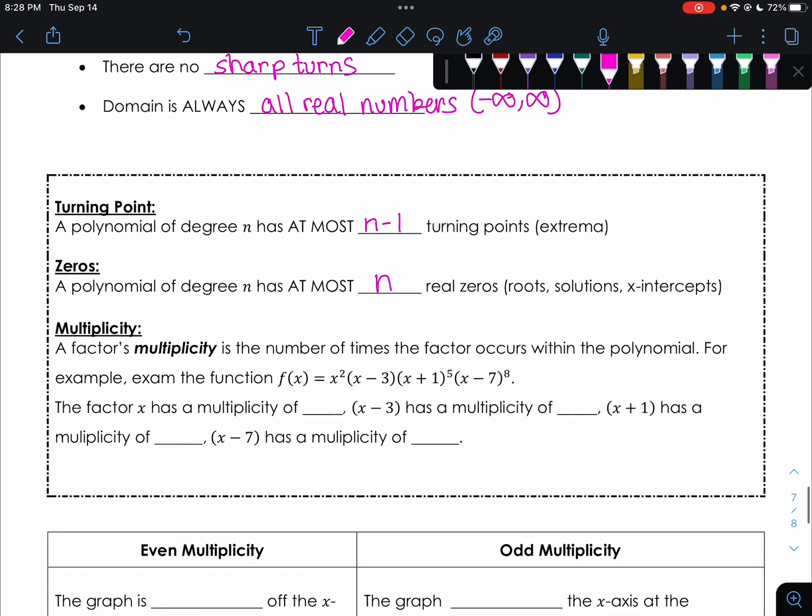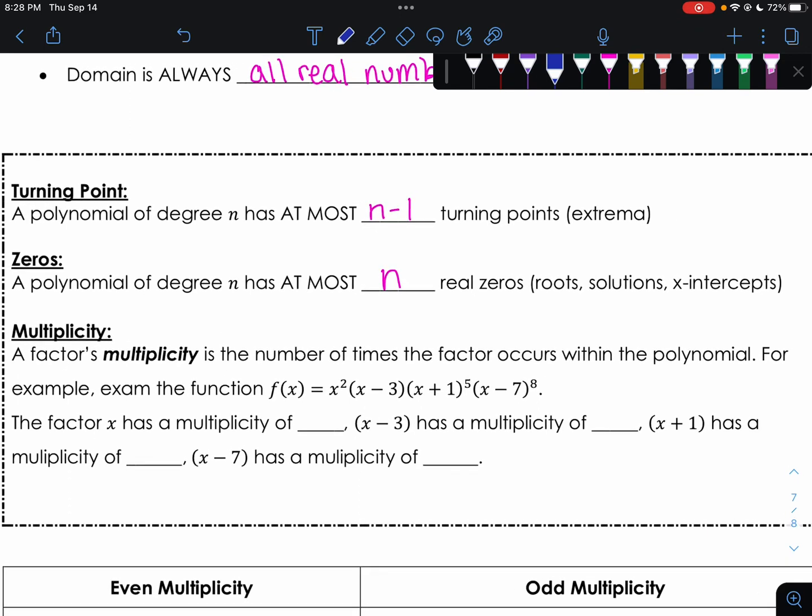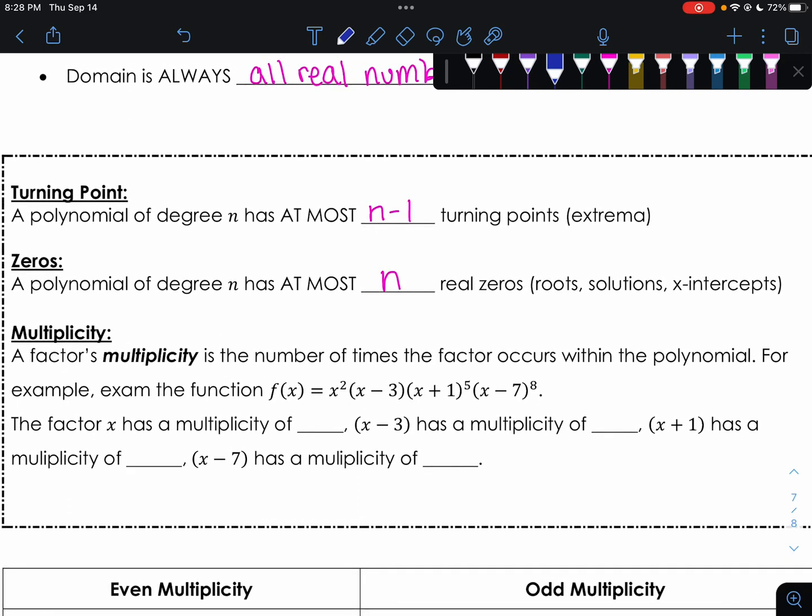Okay, some of our keywords that we need is turning points. A polynomial of degree n has at most n minus 1 turning points. So how you use this kind of depends on what you have. And a turning point is where there's a maximum or a minimum. But if I have an equation, then I have the degree, and to figure out the turning points, I subtract 1 to get it.